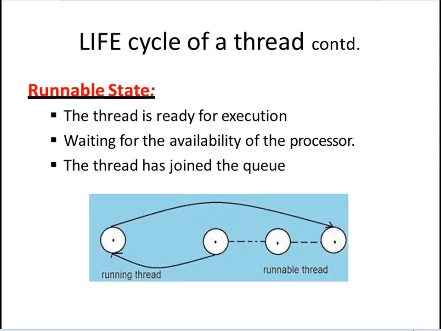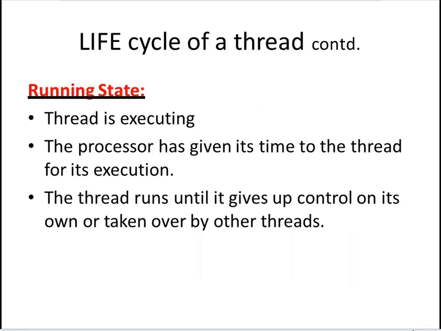In runnable state, the thread is ready for execution, waiting for the availability of the processor. It waits for its turn for the processor and then starts execution. The thread has joined the queue. And in running state, the thread is executing.